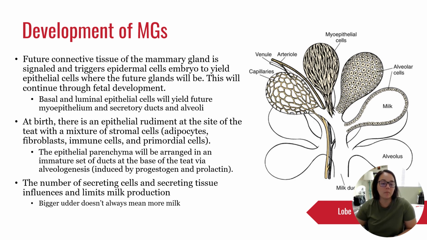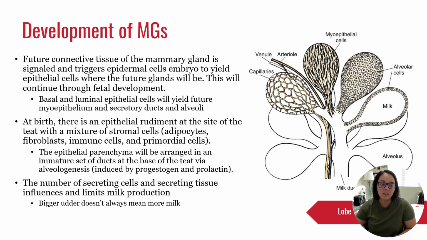This is where the future mammary glands are going to be. This process, as complicated as it sounds, is basically just a bunch of signaling for connective tissue to tell the epidermal cells to make epithelial cells, and it is going to continue to happen through the fetal development.